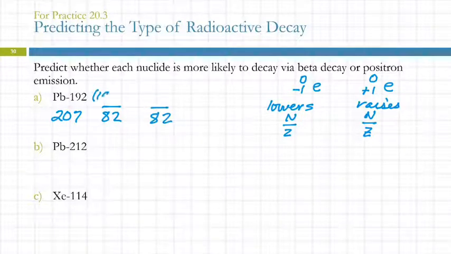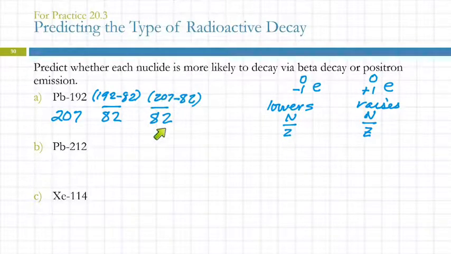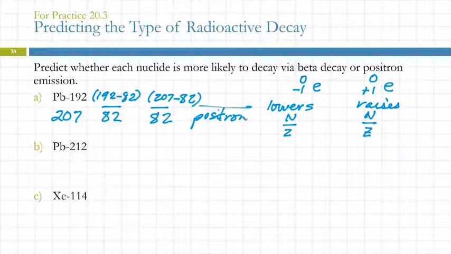So this one's going to be 192 minus 82, and the stable one is 207 minus 82. We don't actually have to do the math, but we see that this one's smaller, so this is going to decay in a way that's going to raise the ratio. So positron emission for that one.